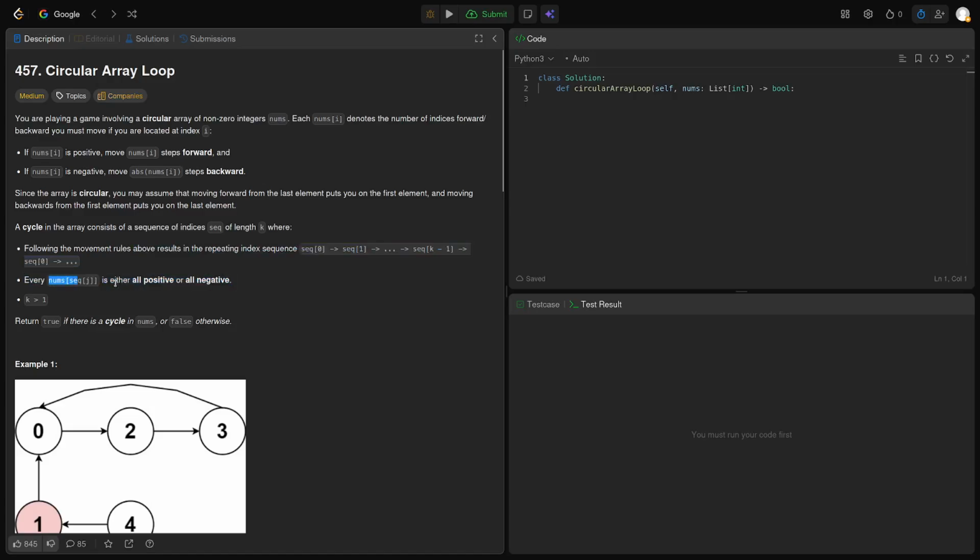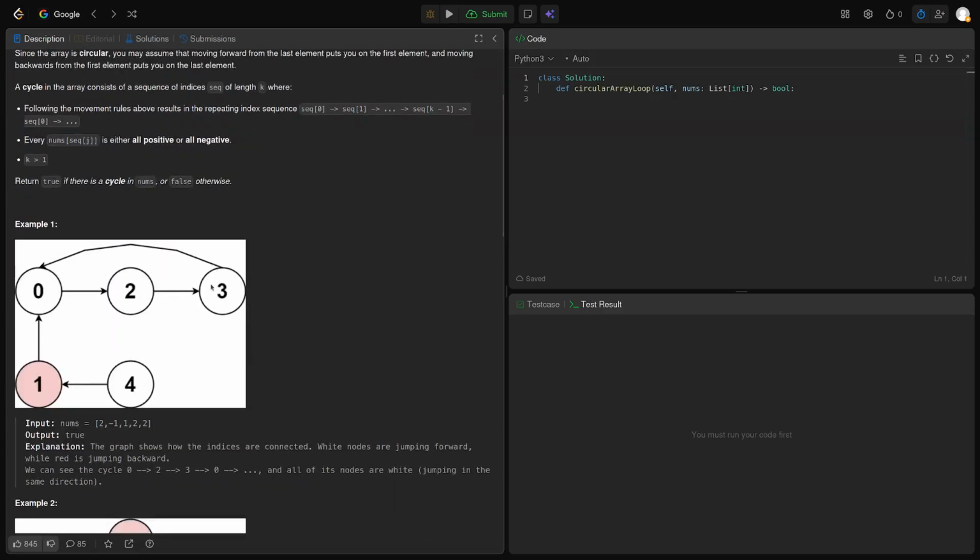Cycle, whatever. They are all positive or negative. And every nums[j] is either all positive or all negative.